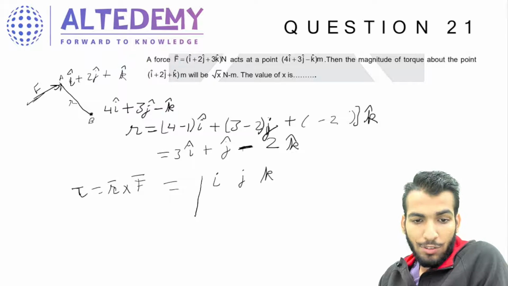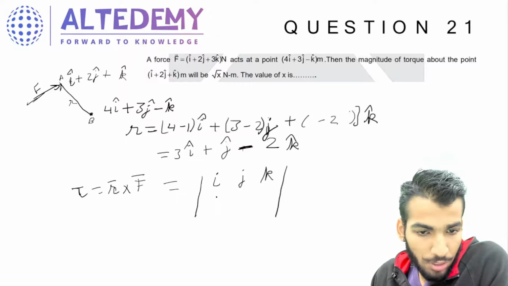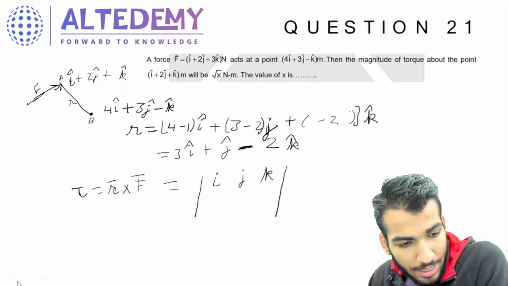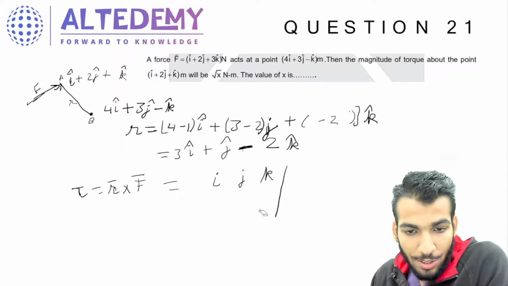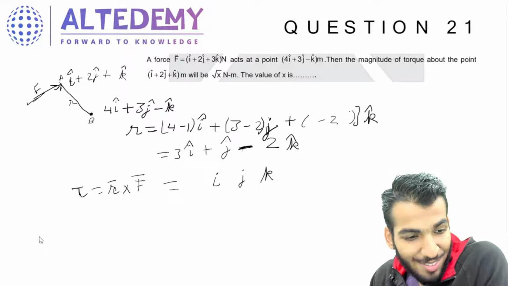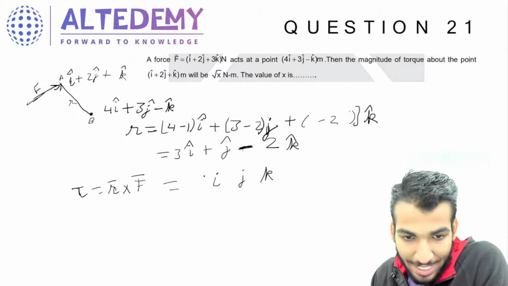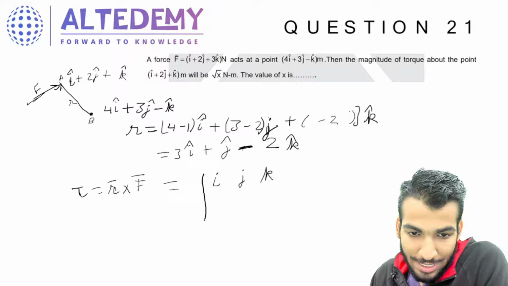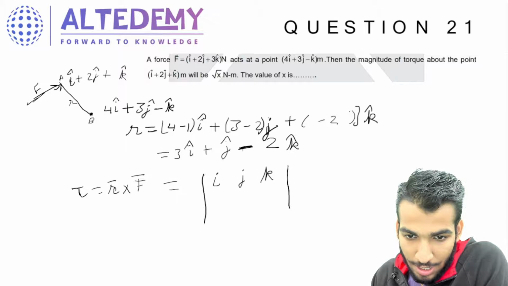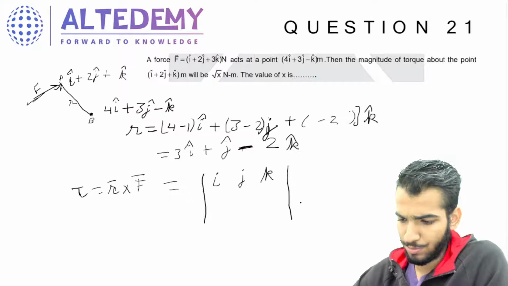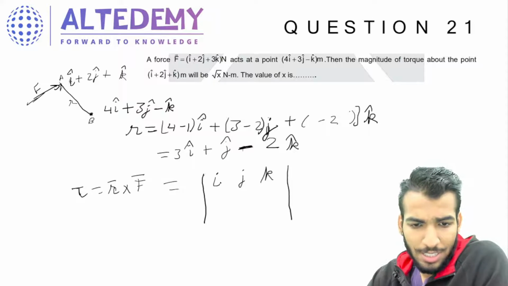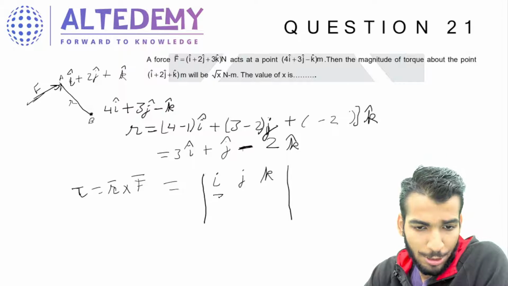It will be a matrix, of course, and we know how to solve a matrix. Let me write it in straight lines, not slanting lines. It is somewhat difficult to make straight lines, but let's focus on the question.